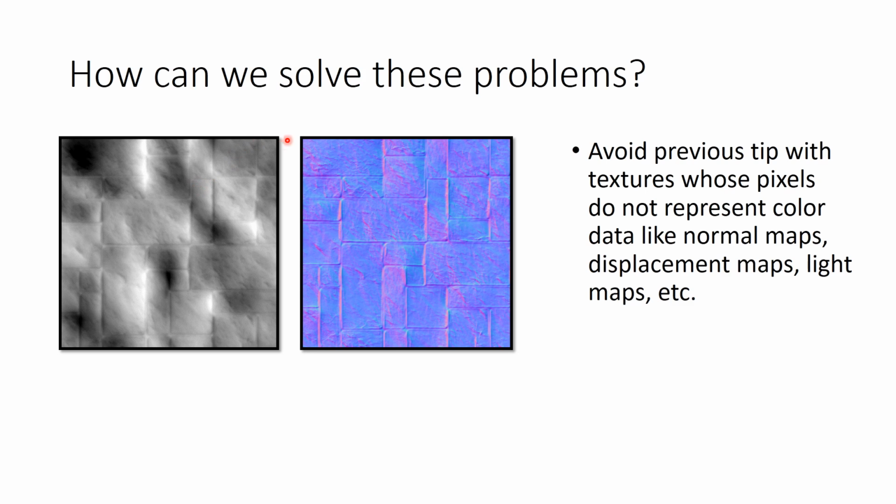In this case, for example, this is a height map and this is a normal map. Obviously, they have colors, but these colors, in the meaning of a color, are not the information that we need. In the case of a normal map, each pixel represents a normal, and in the case of displacement or height maps, each pixel represents a height.